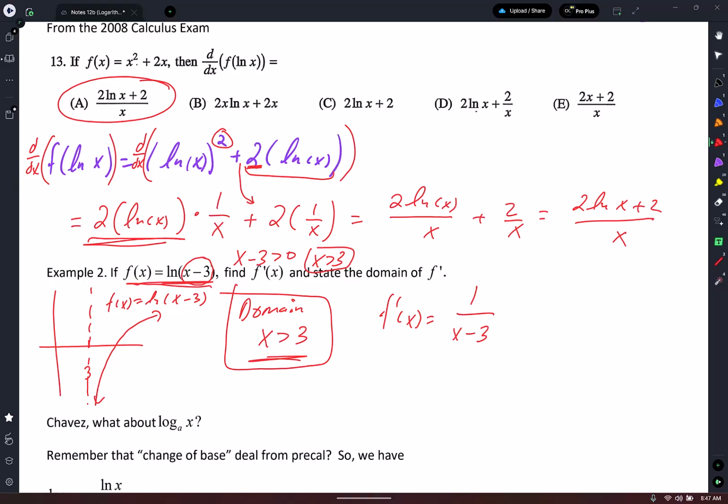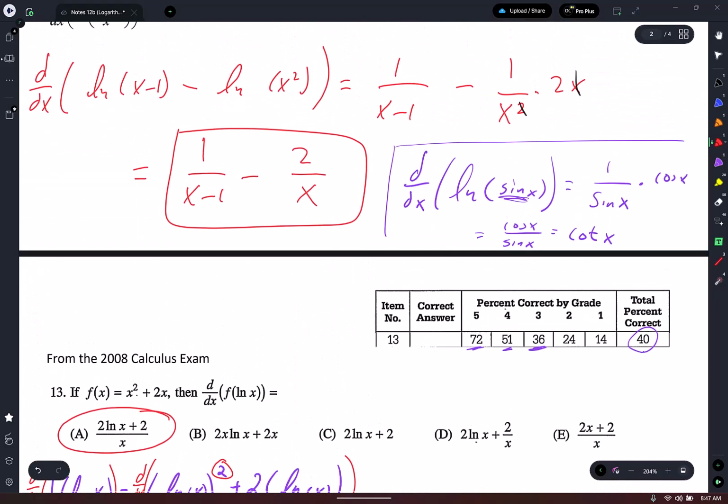Usually, I don't know if I told you guys this, but notice that for sine x, I put ln of sine x. Well, sine x goes between -1 and 1. So we'd have to state restrictions for this, because you can't have a negative argument inside your ln, right? So we'd probably have to state something like absolute value of sine x.